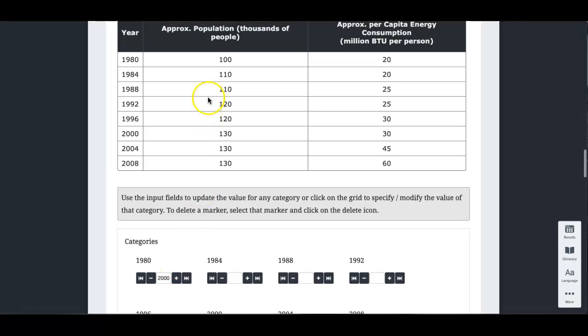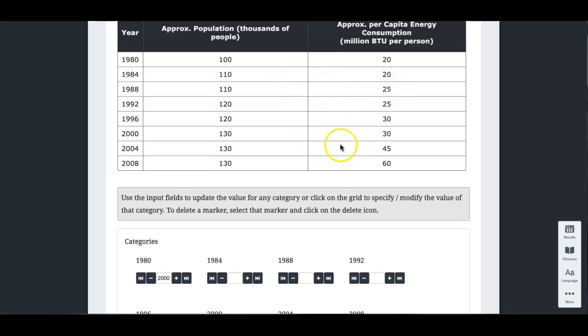Okay, so for 1984, you're going to do the same thing, except instead of 100, it's 110 people. You're going to multiply that by 20 and put the number in here. For 1988, the population's going up, and energy consumption is also going up. So not only are there more people, but people are using more energy.